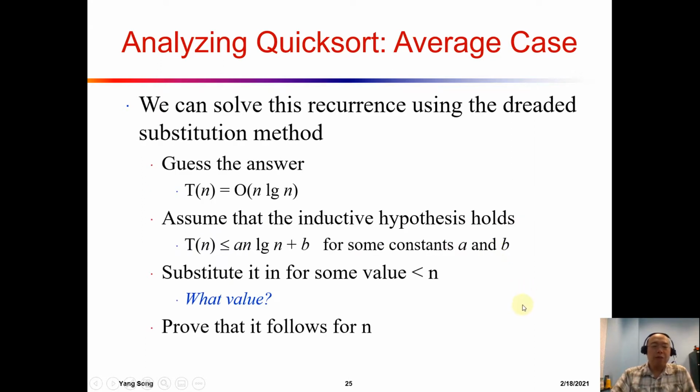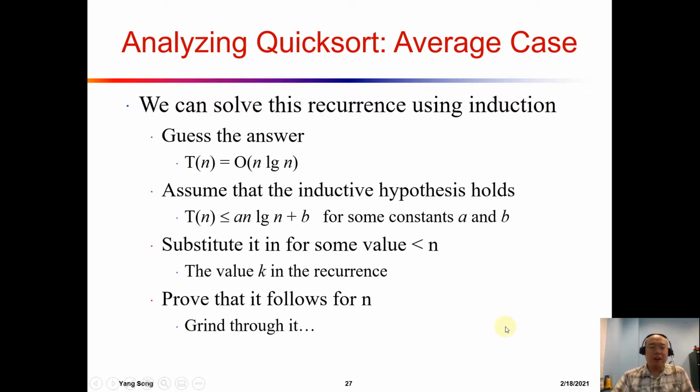And then we want to substitute the value with a smaller value, which is smaller than n. Let's just use the value of k in this case. And eventually, the hard part, we want to prove that if this holds for k, then for a larger value of n, this also holds. And this will be a full proof by induction.